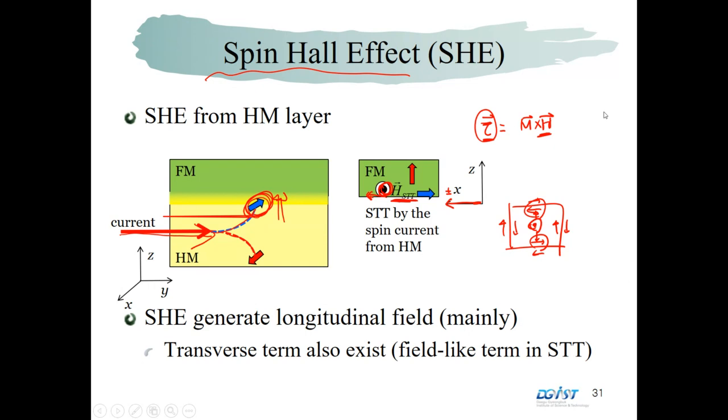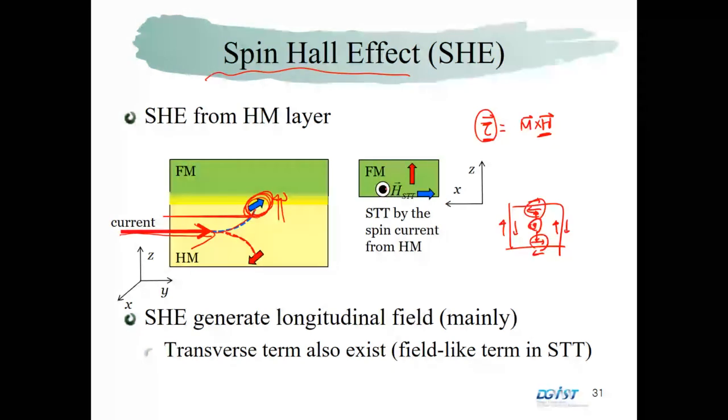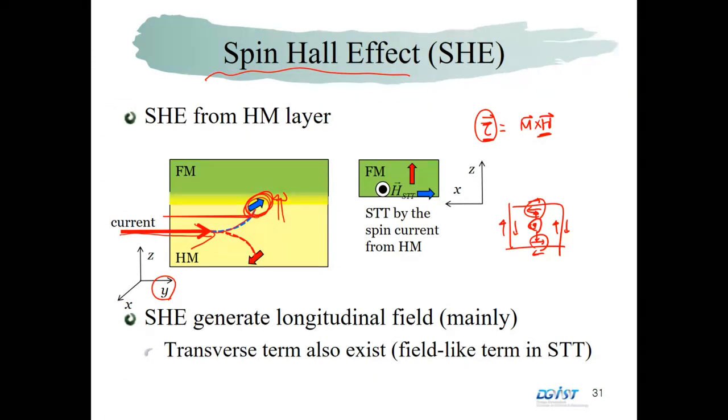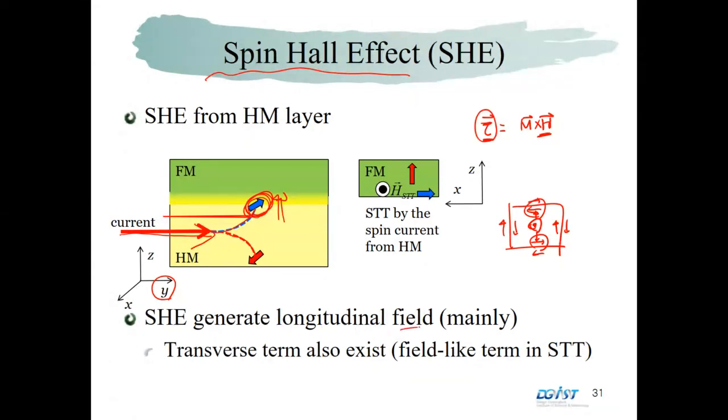So as a result, we have an effective field in this direction. Here, this direction is the direction of the current, so the Y direction. So the spin Hall effect generates a field in the longitudinal direction, the direction of the current. But because of this spin Hall effect, we have a spin current in the other direction. And this torque I calculated here corresponds to the adiabatic torque.